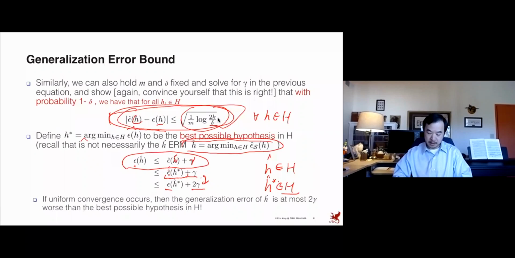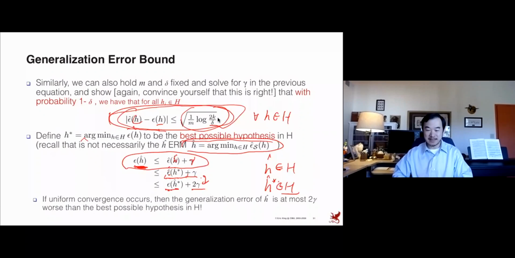Then putting things together, we have this very nice statement, which is that the true error of your empirical risk minimizer is no worse than 2 gammas away from the true error of the best hypothesis that you can get from the hypothesis space. So what does it mean? It means that practicing empirical risk minimization is a good idea, right?